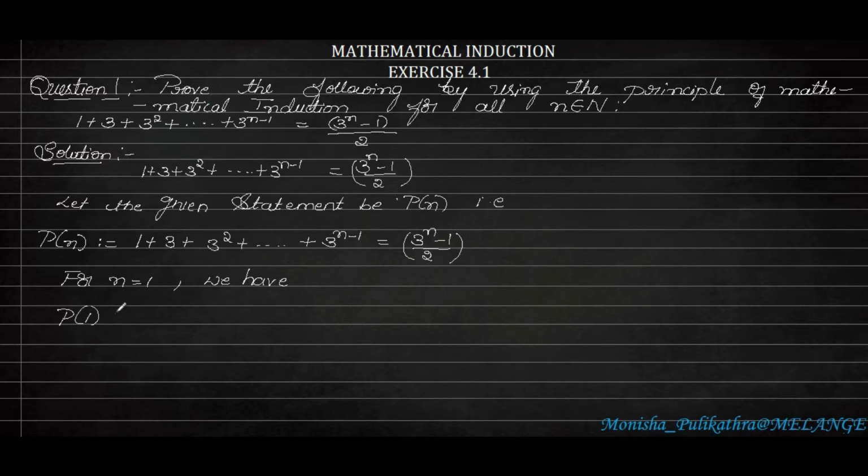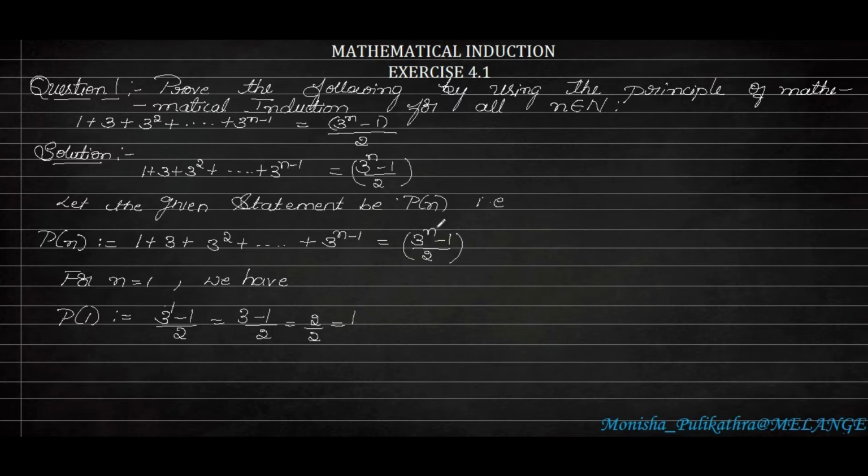So P of 1 is equal to, taking the right side, 3 to the power of 1 minus 1 whole divided by 2. Here 3 to the power of 1 is 3, minus 1, divided by 2. It will be 2 by 2, which is equal to 1.